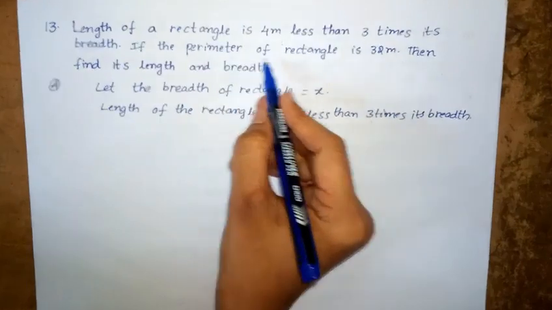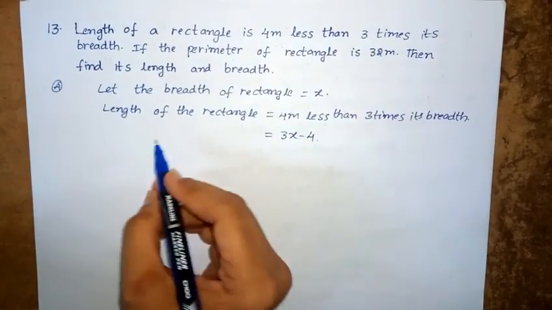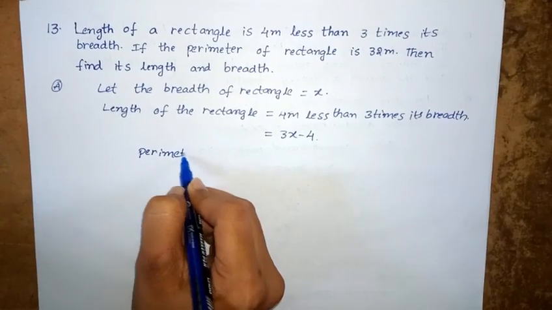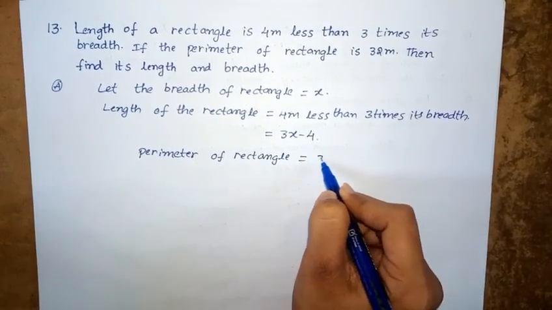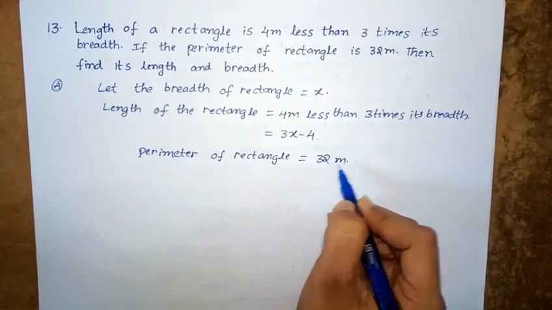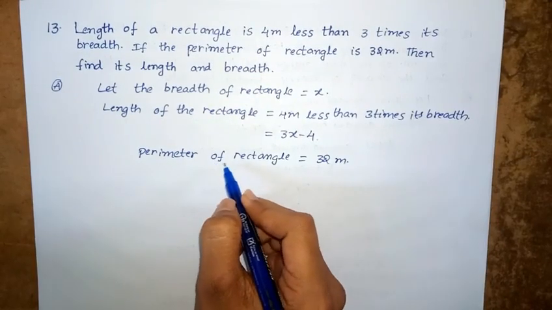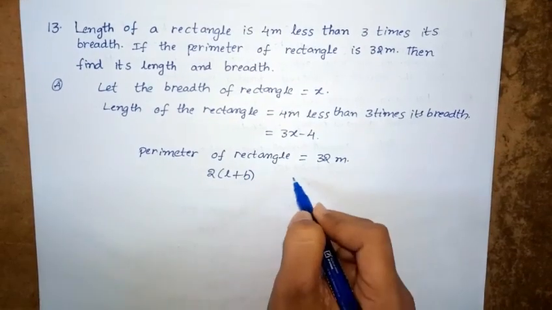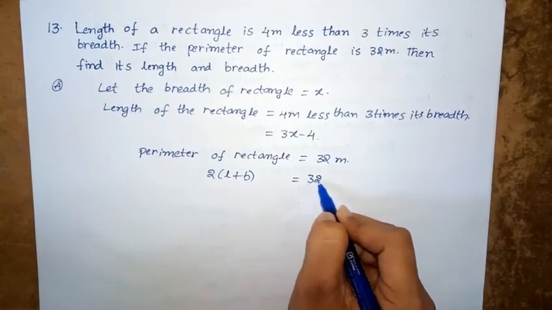The perimeter of the rectangle is given as 32 meters. So write the perimeter of the rectangle equal to 32 meters. We know the perimeter formula of a rectangle is 2 times (L plus B), equal to 32 meters.